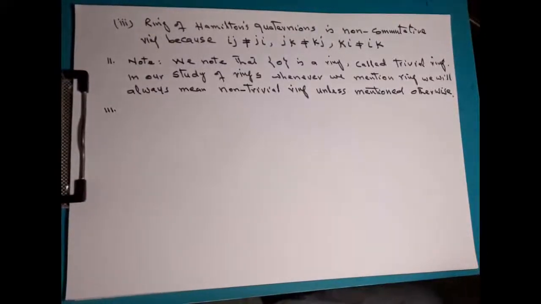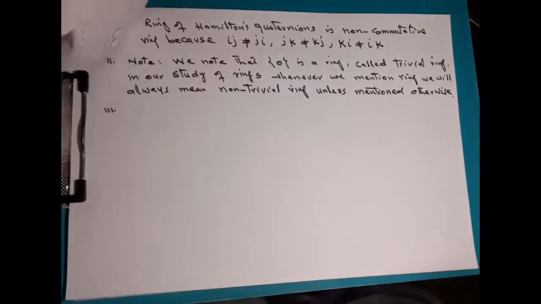Let's come to another observation, and that observation relates to the existence of a multiplicative identity in the ring. Note that every ring has an additive identity, and that is 0. But a ring may not have a multiplicative identity in it.